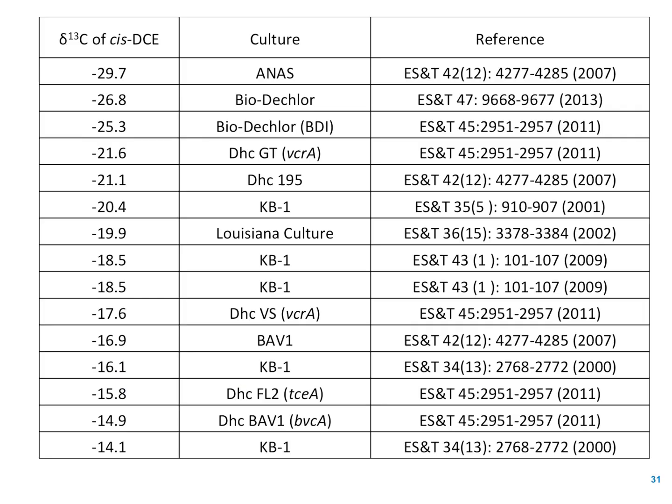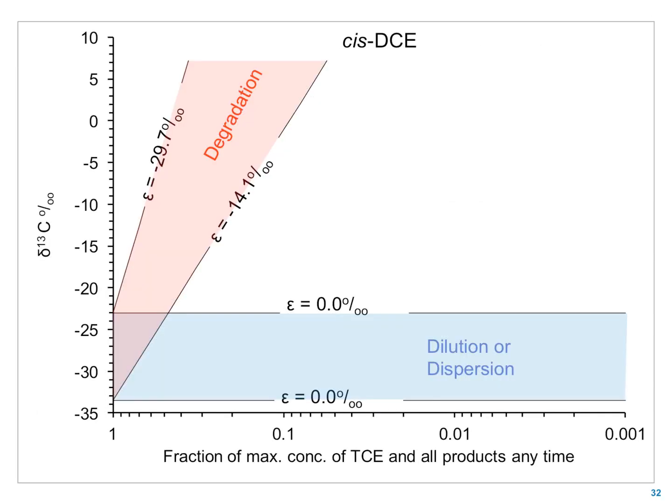I went through the literature and looked at the reported values for delta 13C of cis DCE during biological reductive dechlorination. And the values range from minus 29.7 to minus 14.1. Next slide. And so we're going to assume that the least fractionating would start at the highest concentration, and the most fractionating would start at the highest delta 13C.